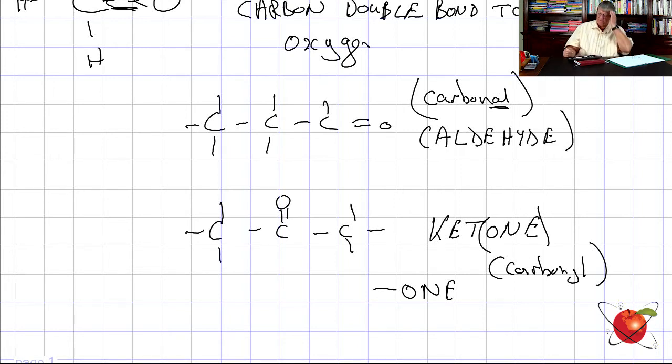Aldehyde. Okay? So how do we know? Our suffix over here is going to be -al. So over here we've got 1, 2, 3: meth, eth, prop. This is going to be propanal.